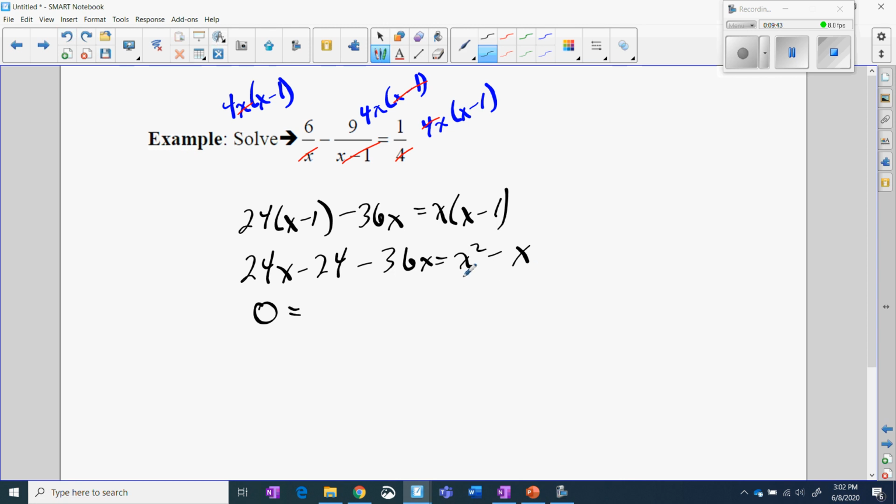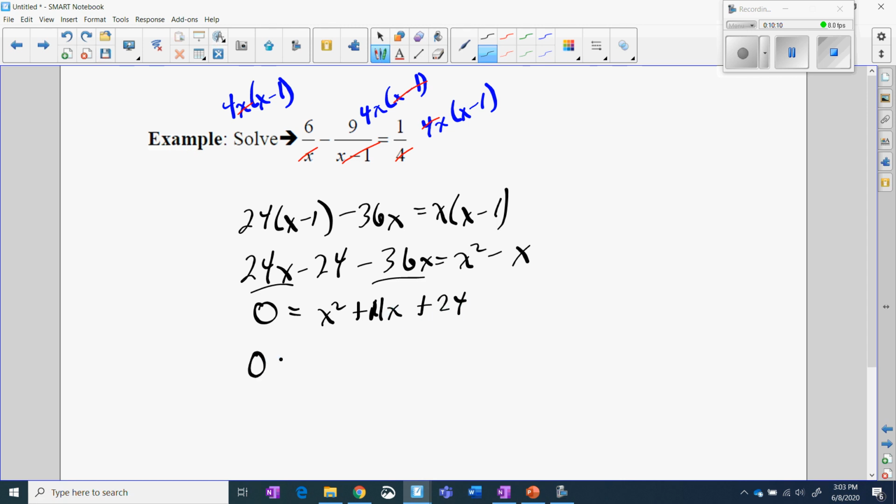So x squared. Right now, I've got a negative 12x, so I'm going to add 12x to this, which is going to give me a plus 11x. That's when I group this one, and I move them over here. The negative 24 is going to the other side, so it's going to become plus 24. Try and factor. Any two numbers that multiply to give 24 and add to give 11?